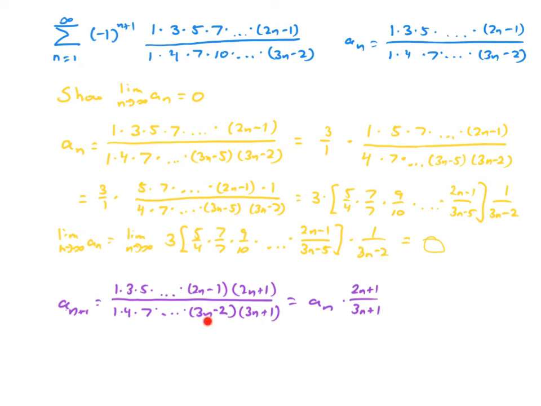We're replacing the n here with n plus 1. But the end result is that this is going to be a sub n times this. And again, as n goes to infinity, this is going to 2/3. Therefore, this is always less than 1. So therefore, a sub n times this will always be less than a sub n.